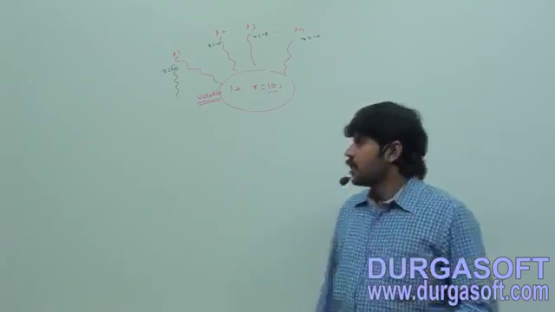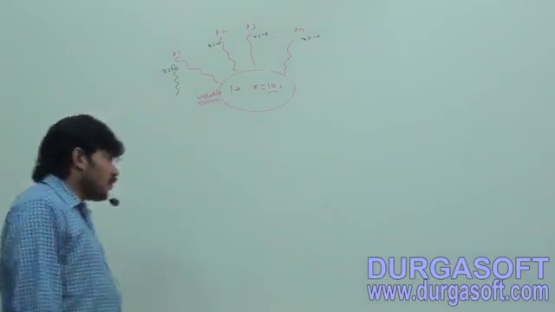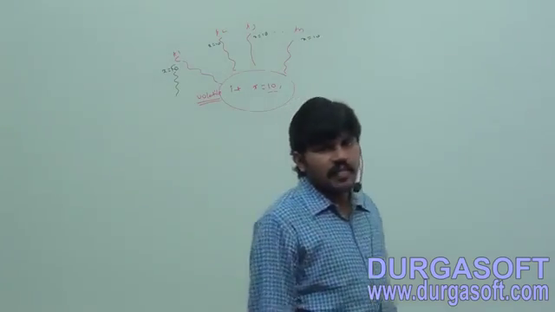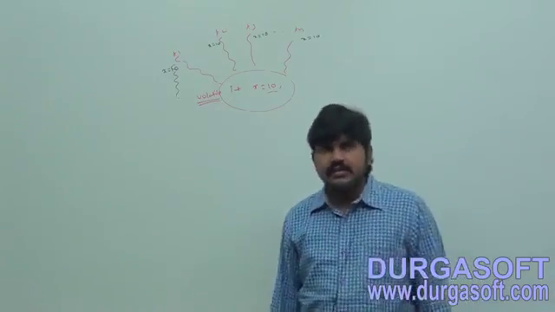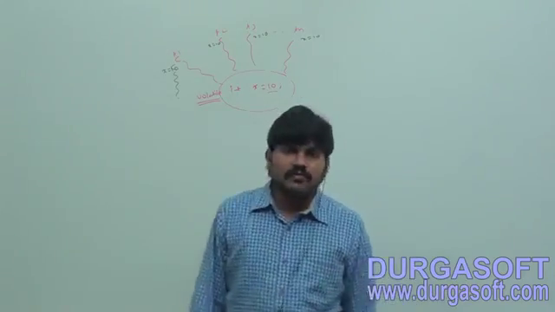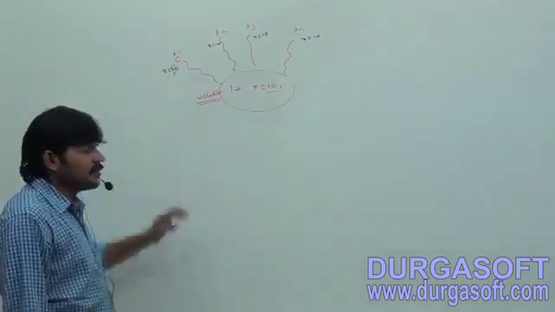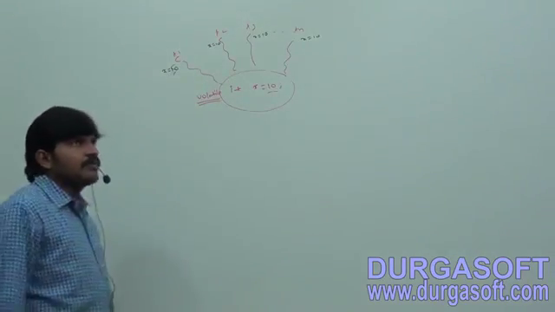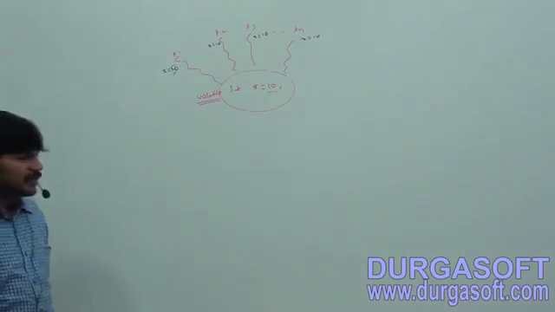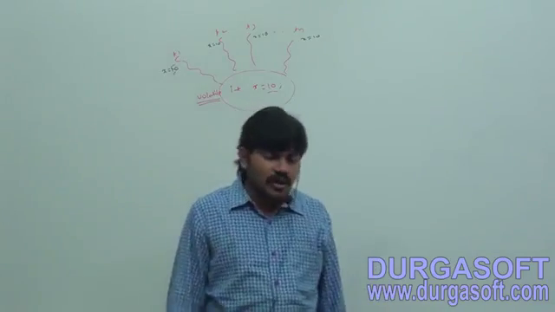Next para: if a variable is declared as volatile, then for every thread the JVM will create a separate local copy.